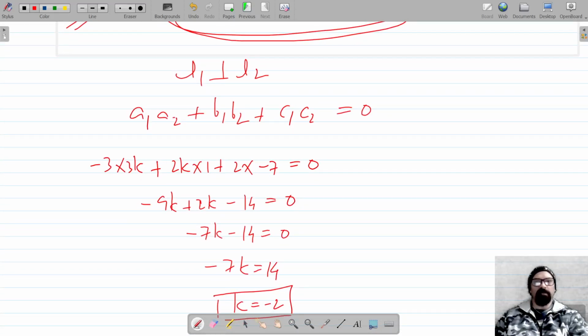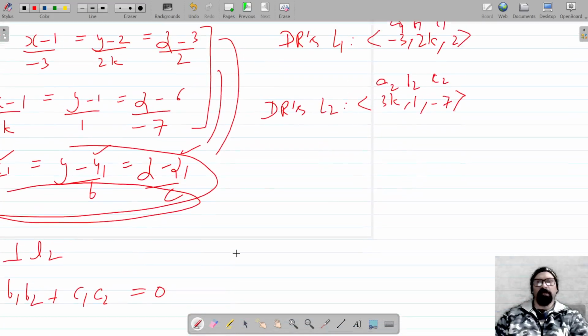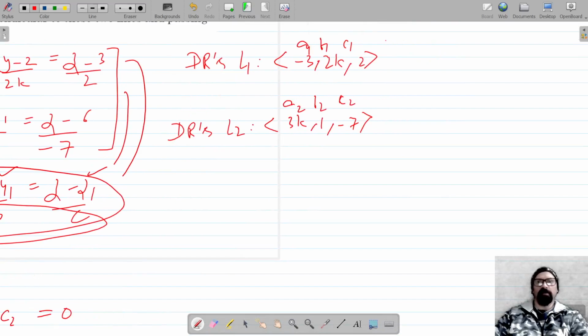Now we have to find the equation of the line which is perpendicular to both L1 and L2. For that we are going to use the direction ratios of L1 and L2.